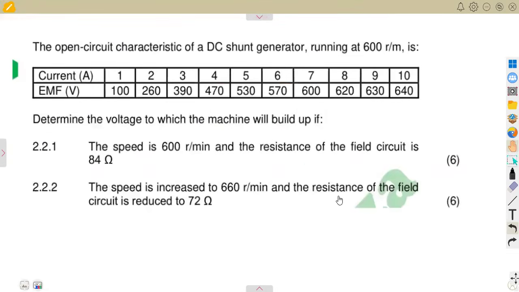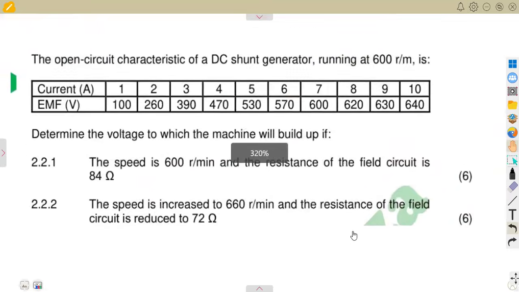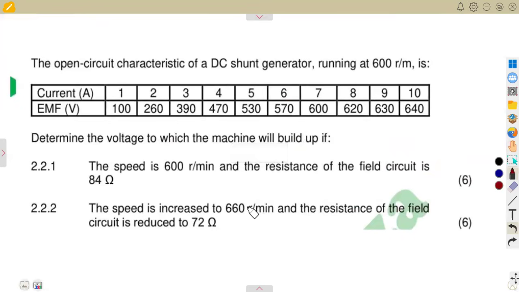We are going to have another very important part, where we are going to relate the speeds. We are given the open circuit characteristics of a DC shunt generator, originally running at 600 revolutions per minute.